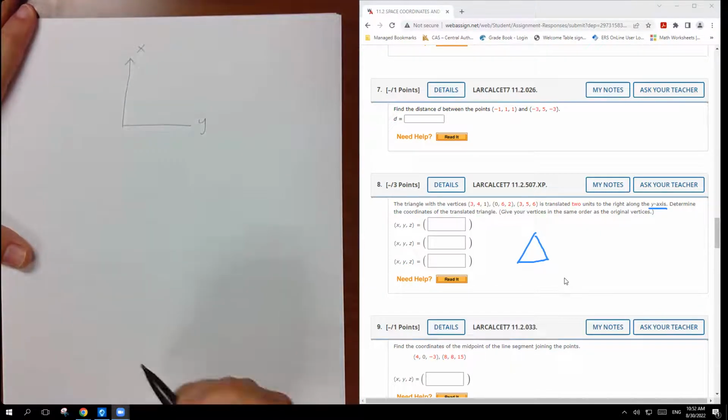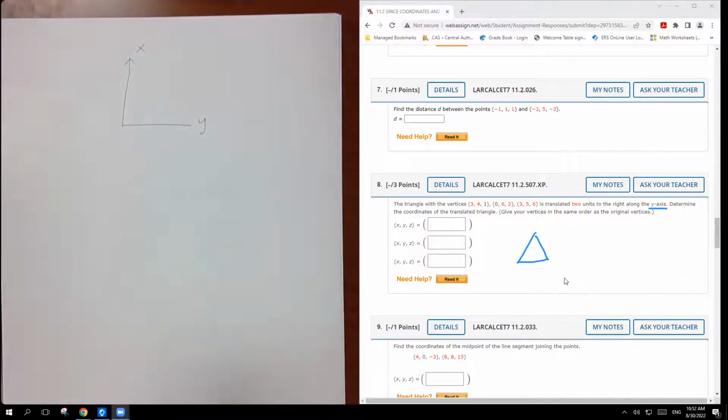Once you just add 2, because the change is going to be only on the y-axis. So I have to add 2 units to where? To the right along the y-axis. So I have to add 2 to the x or the y or the z? No, it's the y. To the y.